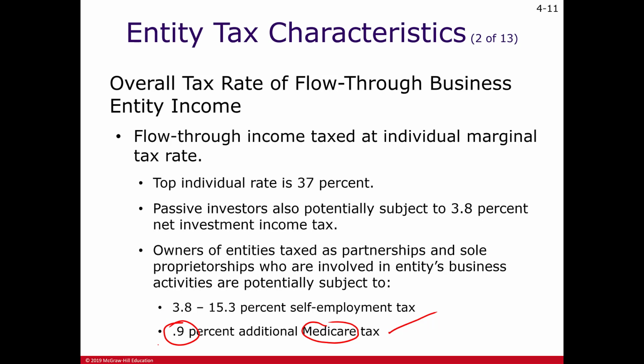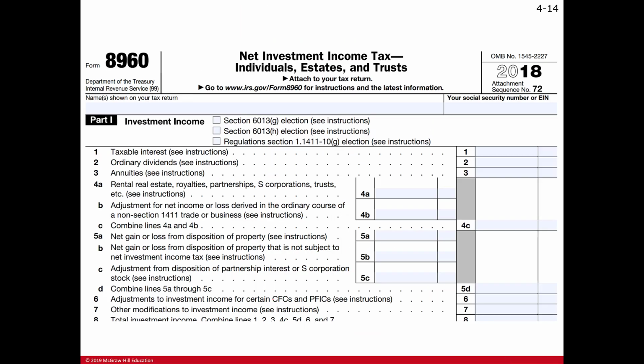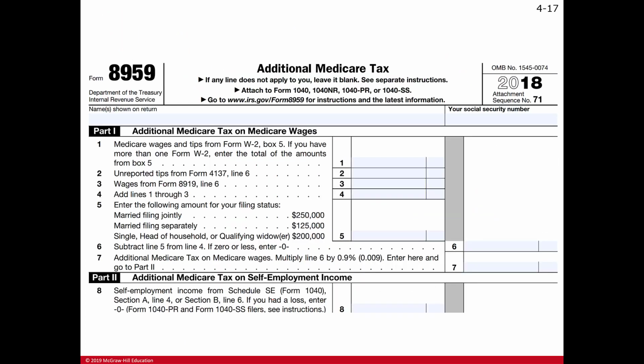The employer has to withhold this 0.9%. Or again, if you're self-employed, no one's withholding taxes, so that has to be tacked on. In either case, as an employee or self-employed taxpayer, if your income goes beyond a certain limit, you have to fill out this form here.